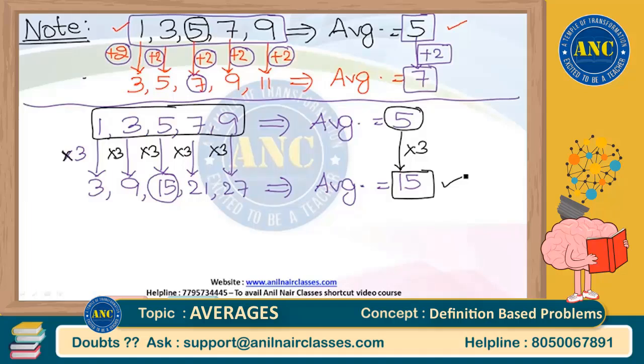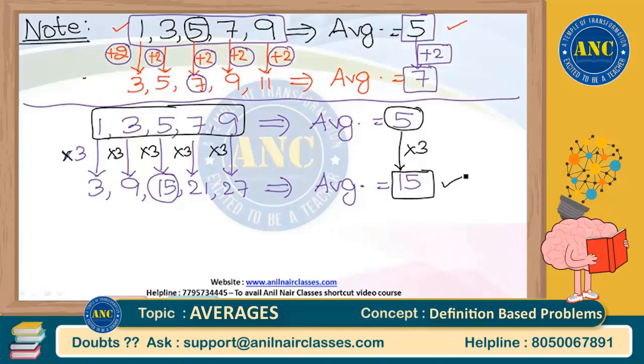if each number in any given series, it may or may not be in arithmetic progression. I took an example where a series is in arithmetic progression. You can take some other example where a series is not in arithmetic progression, but only thing is arrange it in ascending or descending order.